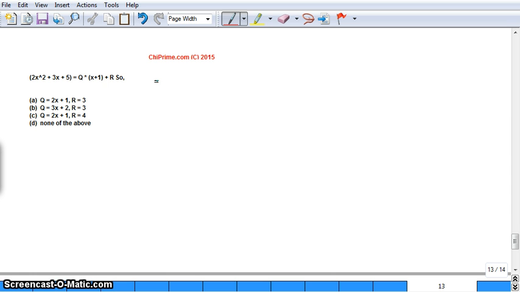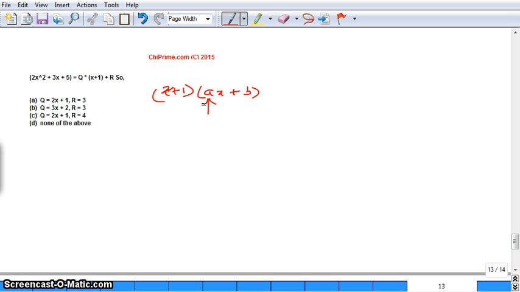Under exam conditions, probably the fastest way to do this would be to determine that x plus 1 times some other expression, let's call it ax plus b, would have to give 2x squared plus 3x, something like that. So looking at x plus 1, it is likely that a would be equal to 2, right?